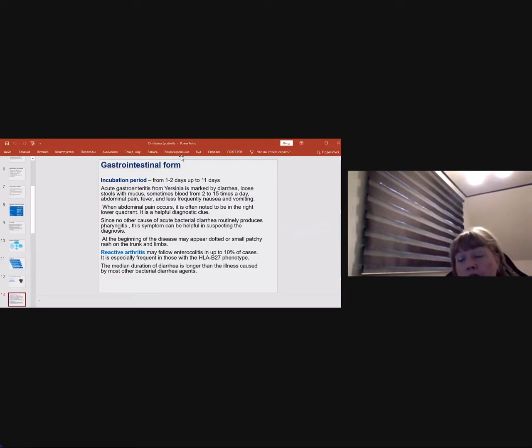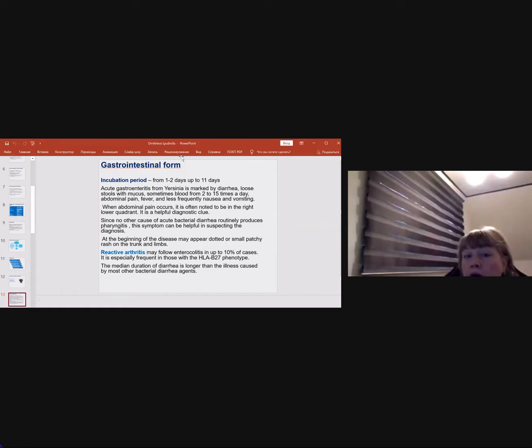In patients with yersiniosis, this abdominal pain is usually localized in the right lower quadrant. It is very important for diagnosis. What else?